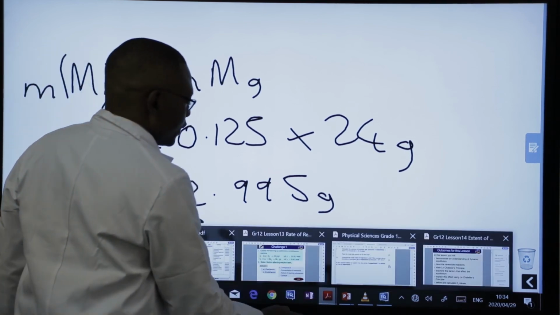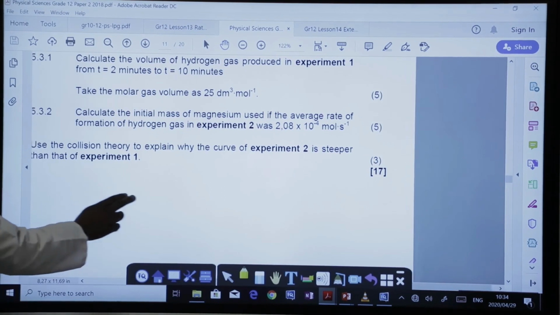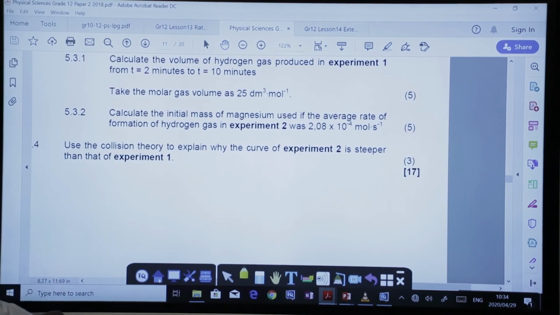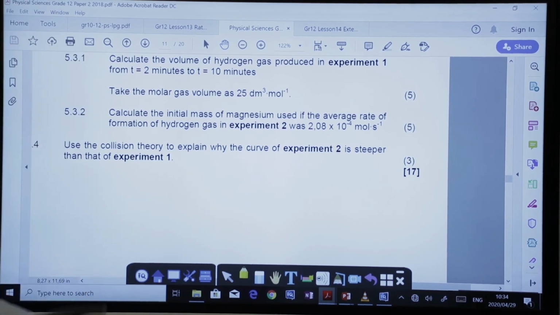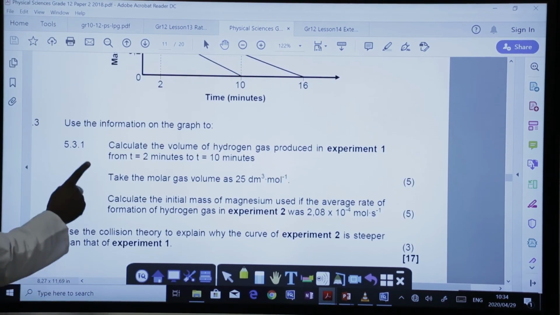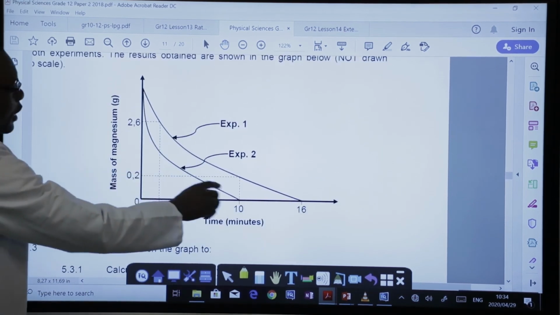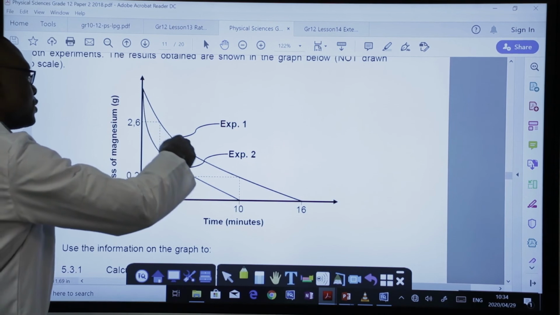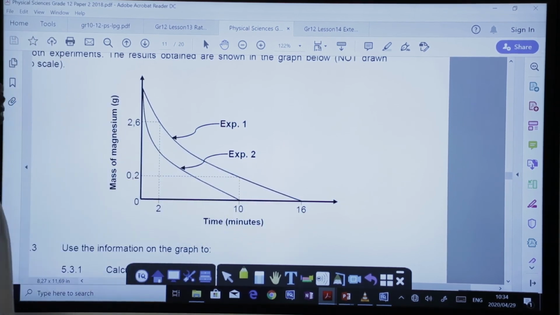Now, finally, or lastly, they are saying use the collision theory to explain why the curve of experiment 2 is steeper than that of experiment 1. So if you come back here and take a closer look at this, you see that this curve is more gentle, but this one is quite steep.